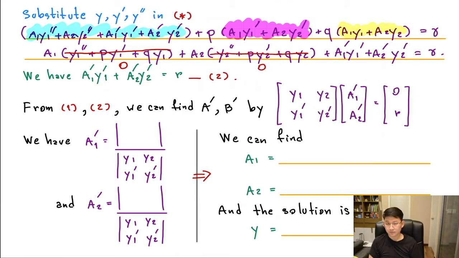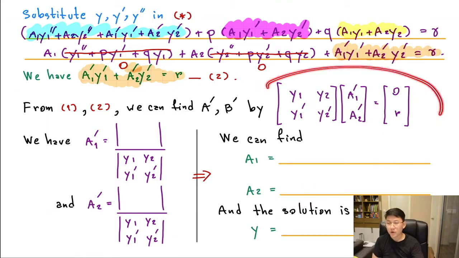So what I have is this guy equals r, which is the remaining term here. So we can find a1 prime and a2 prime by this equation, from equation 1 here.